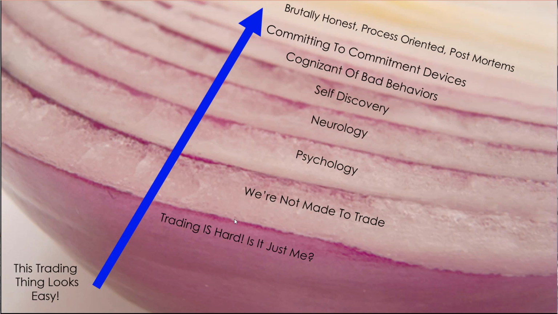Now, the next thing you'll find in peeling this trading psychology and neurology onion is you'll have a bit of self-discovery, as I've said quite a bit. Larry Williamson wrote a really good book on trading psychology, and each week I say I'm going to find the book, but I keep forgetting the title of it. Anyway, one of the things he suggested was to take a personality test, and I've said this before.